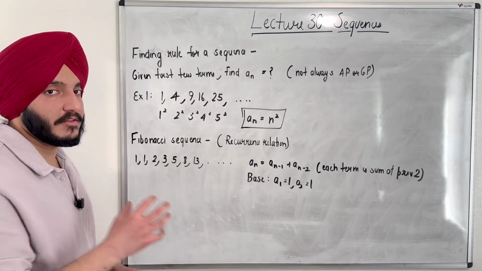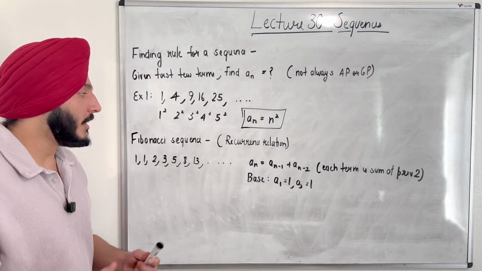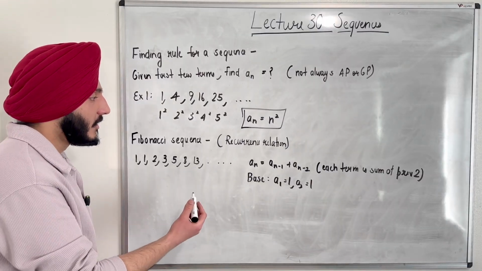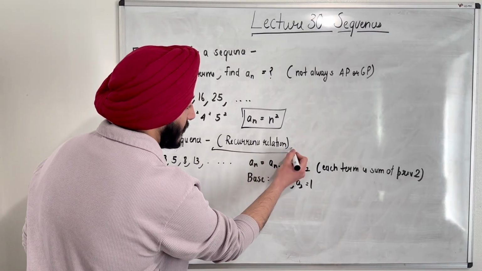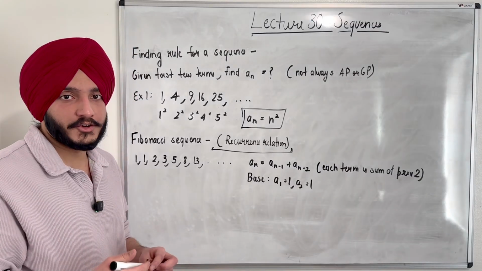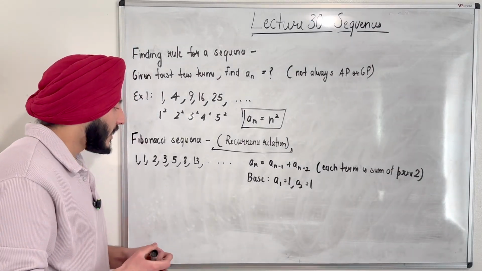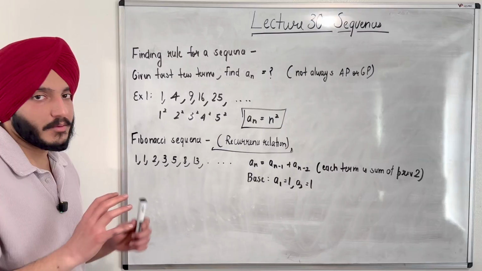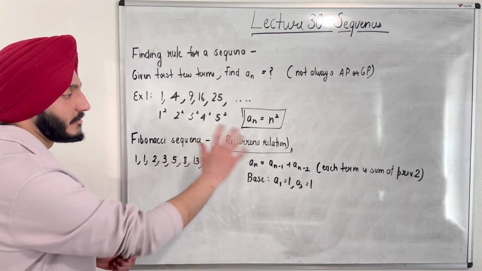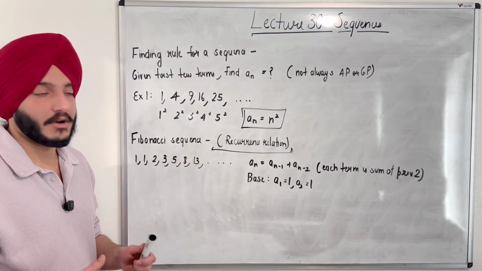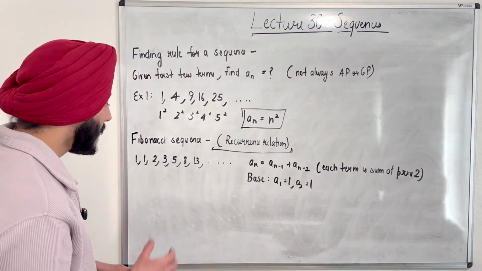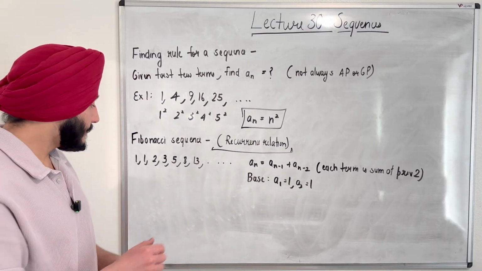One very important sequence that I think you've probably heard of is the Fibonacci sequence, and it is a recurrence relation, right? We will cover recurrence relations in the upcoming lectures, but let's try to understand the Fibonacci sequence for now. We'll cover the recurrence relation definitions in the future. So the point is very simple.